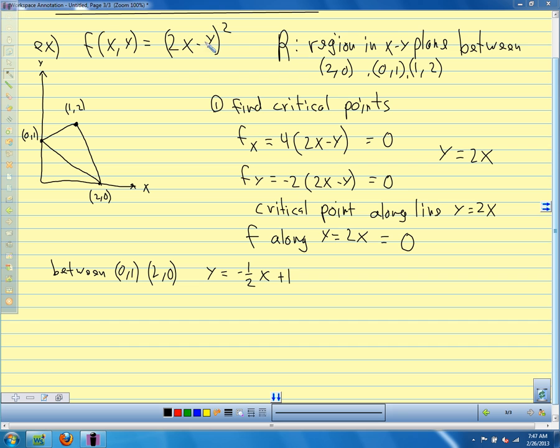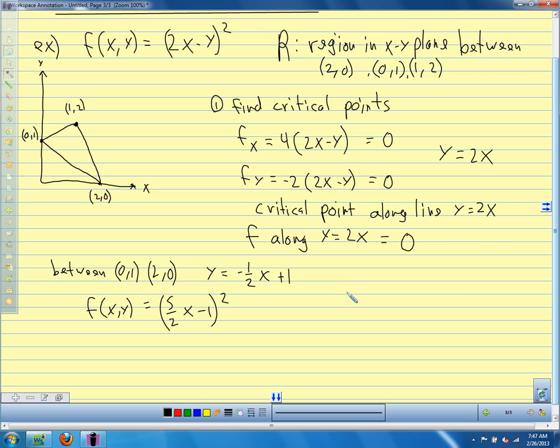So along that segment, we have f of x, y equals, and when I plug minus 1/2 x plus 1 in here for y, I get that my function is (5/2 x minus 1) squared. And we want to maximize this function between (0, 1) and (2, 0).